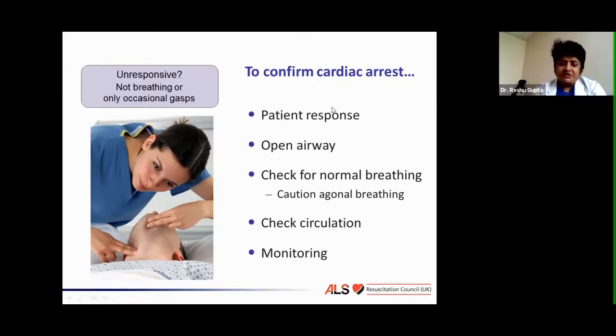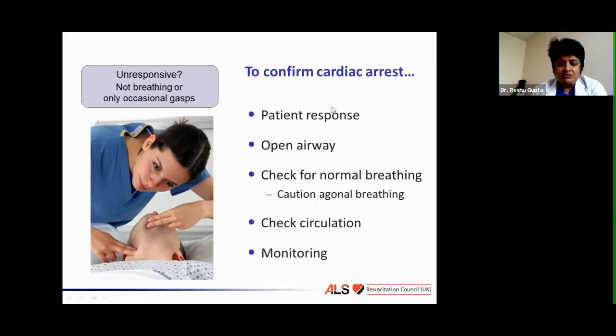For patient response, you can call the patient for just a second. Open the airway and check for normal breathing. For circulation, we check at the carotids, and for respiration, we see the respiratory rate and whether chest movement is present or not.